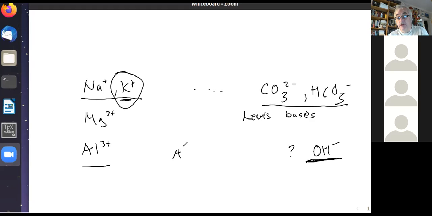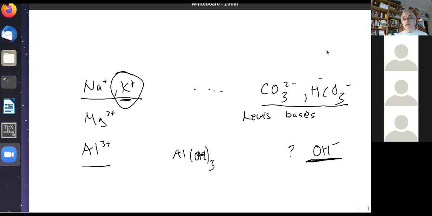For example, the compound aluminum hydroxide is a very stable compound in nature, and aluminum silicates and carbonates and such things also form more or less stable compounds, because the positive cation is a strong acid and the negative anion is a strong base.